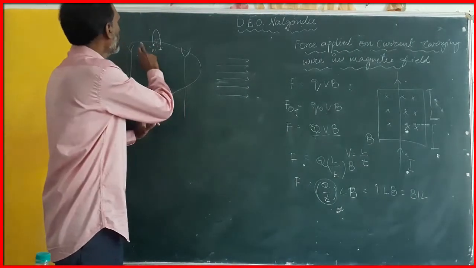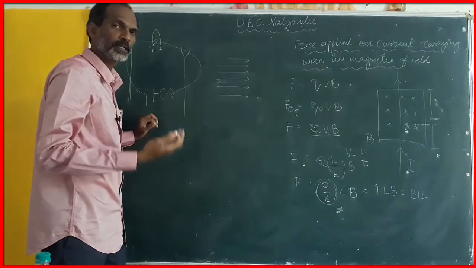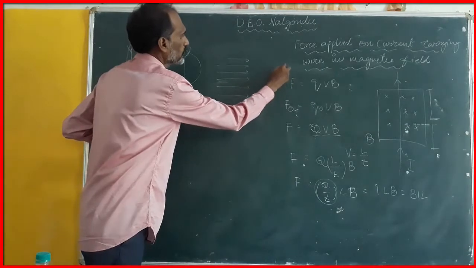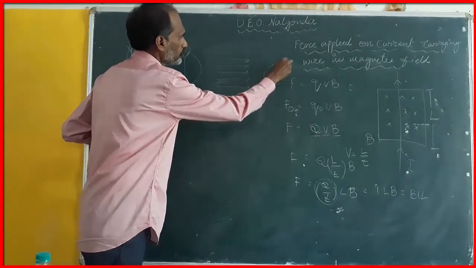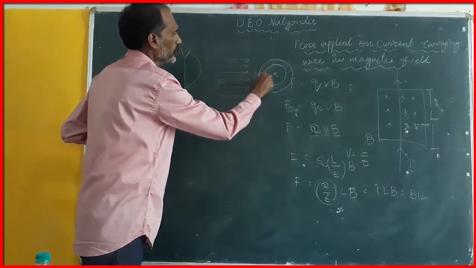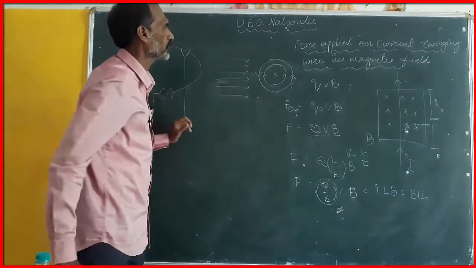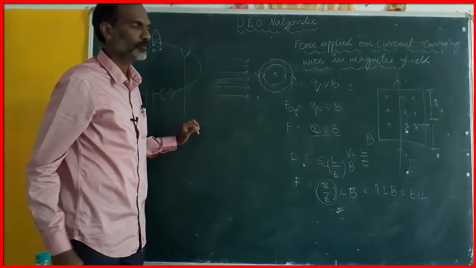Now let us consider the magnetic field produced by the current carrying wire, with current into the plane of the paper. For this, the magnetic field will be produced in the anti-clockwise direction.